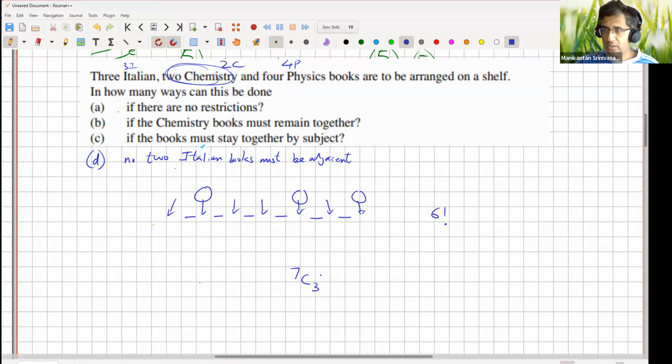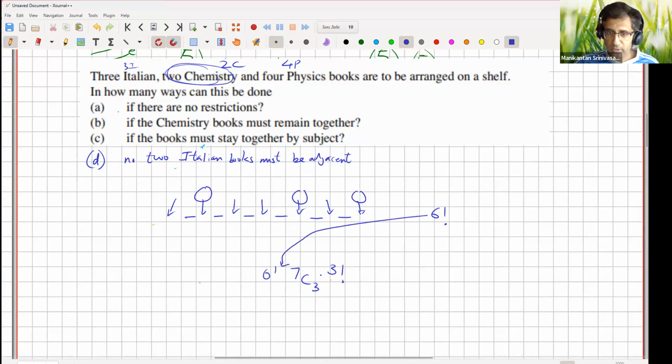I've chosen of the 7 gaps, including the left extreme and the right extreme. There are 7 gaps because there are 6 books already placed. I choose 3, and then I arrange the 3 Italian books in 3 factorial ways. So I have to multiply this: the 6 factorial ways of arranging the chemistry and physics books, choosing 3 of the 7 gaps, arranging the 3 Italian books. Is this clear?